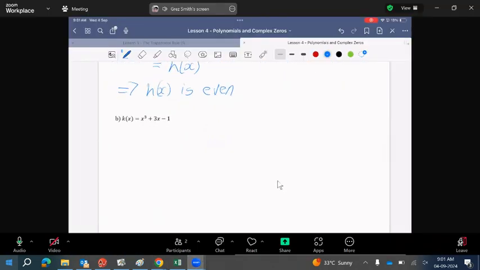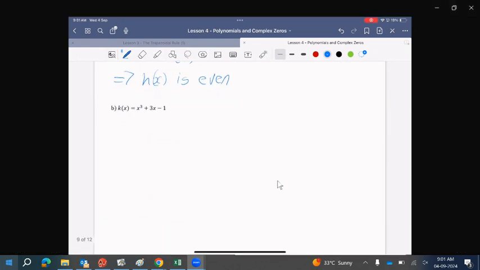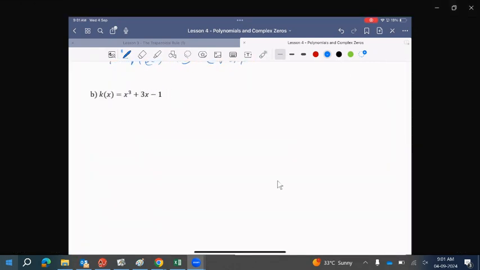Right, so we're looking at k to determine whether it is odd or even. So we start off with k of minus x is equal to minus x cubed plus 3 times minus x minus 1, which is equal to minus x cubed minus 3x minus 1.